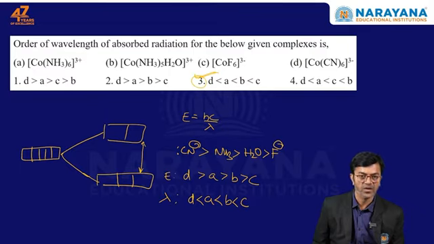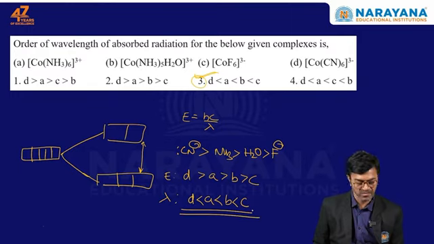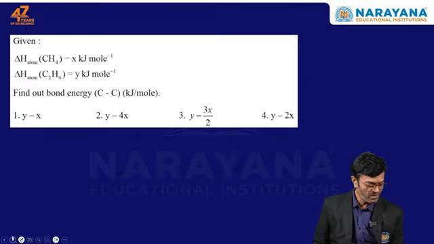We just have to arrange the ligands in the order of frequency or wavelength. See, in the spectrochemical series we come to know that CN minus is more than ammonia, then water, then F minus. That is the order of energy they absorb. So lambda will be inversely proportional to that. Therefore that order will be D, A, B, C. So option 3 will be correct.